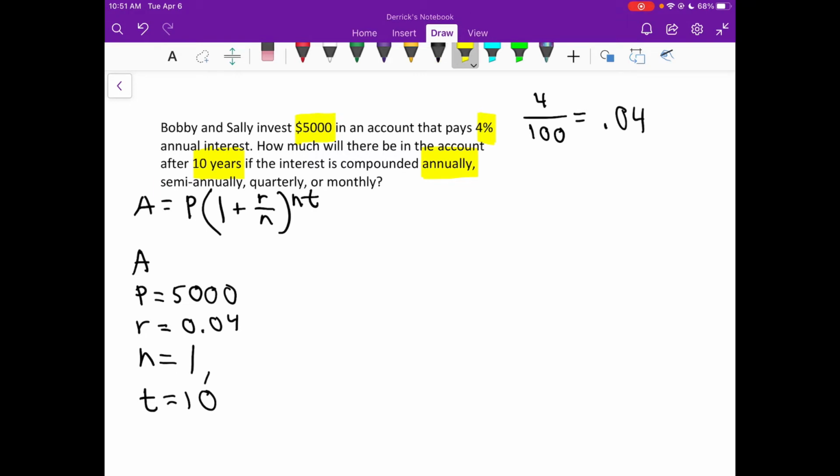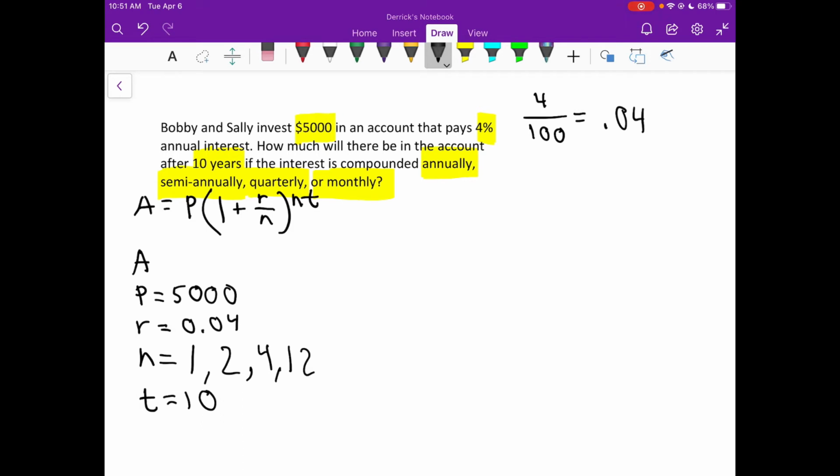If it's compounding semi-annually, it can also be referred to as biannually sometimes. Semi-annually would mean twice in a year. If it's compounding quarterly, quarterly refers to 4 times a year. And monthly, well, there's 12 months in a year, so that would be 12 times a year.